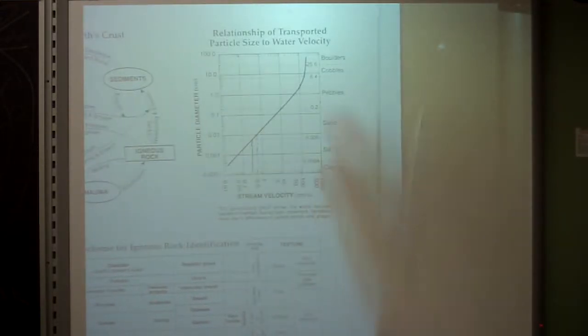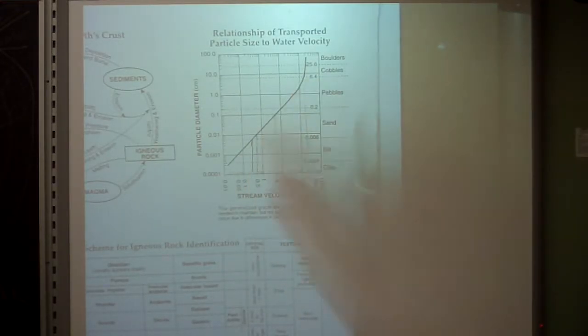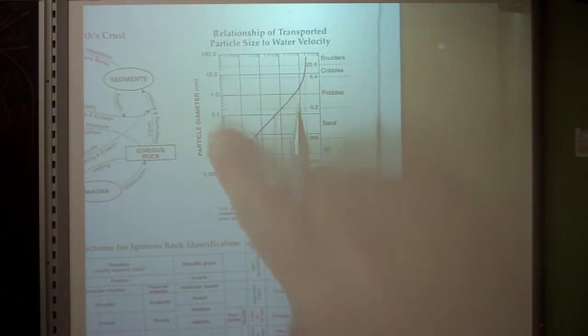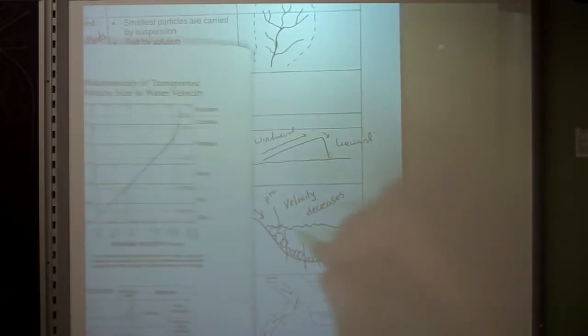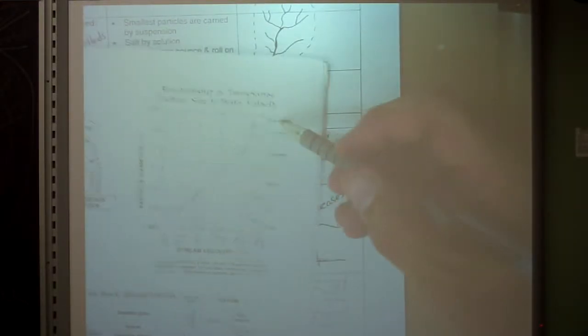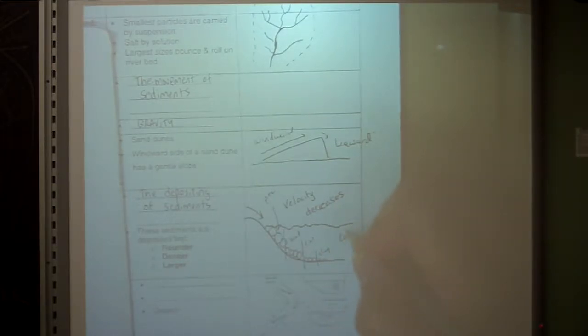And this goes on how fast the stream has to go to move particles. I won't really get too much into this. When you use your Barron's book, you're going to go into this a lot more and get some explanations if you need to. But what you're going to have is pebbles and cobbles, probably not boulders. The next would be your sand, then silt, then clay, and then we go back to those things that never set, that are called colloids, that are going to form out here.